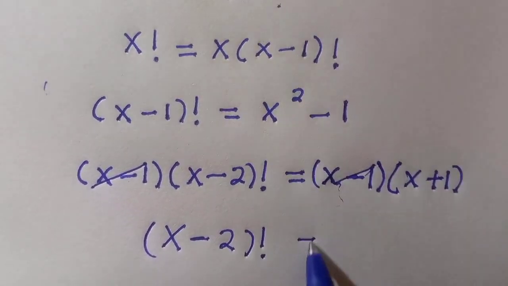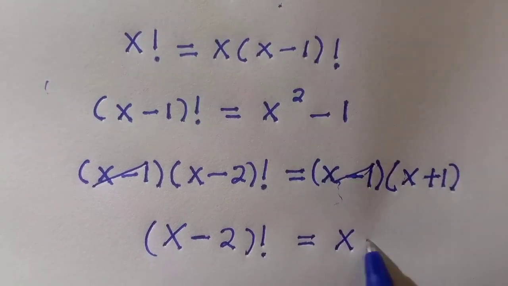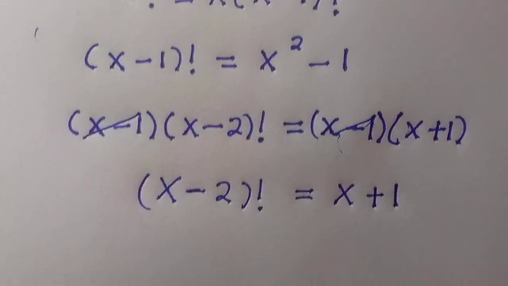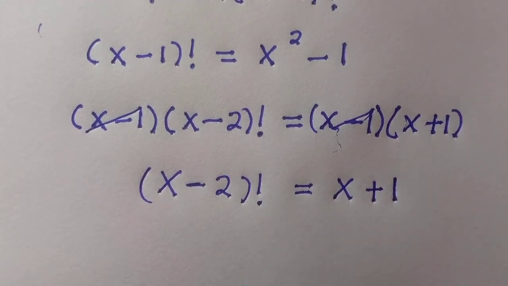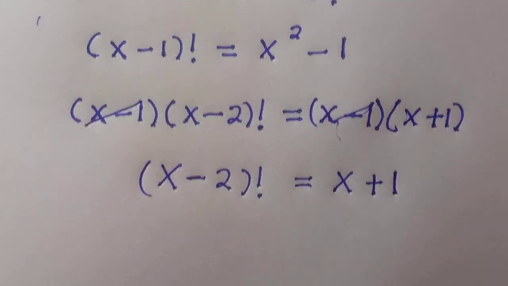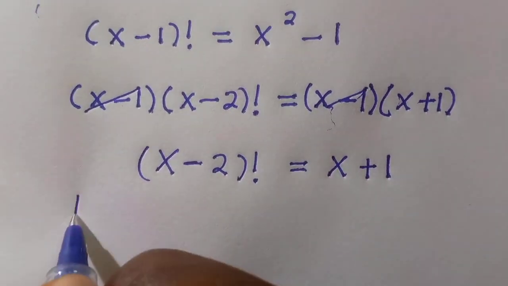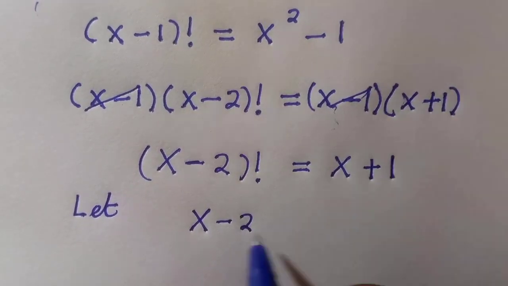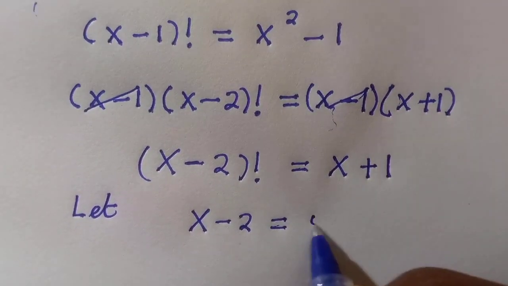equals x plus 1. The next thing we are going to do is replace this, or reduce it. Suppose I let x minus 2 equal another letter, which is y.